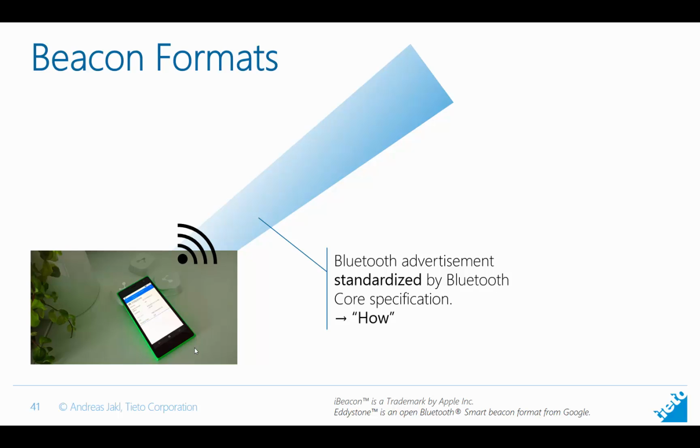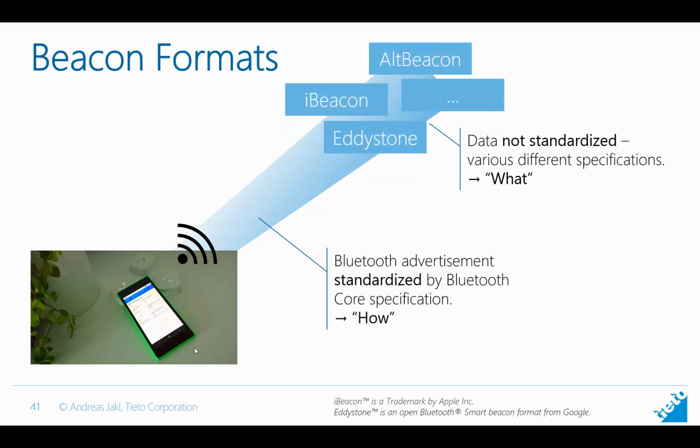Also, the beacons send out a Bluetooth advertisement. And how this advertisement is sent out is actually standardized by the Bluetooth core specifications. So it's how the communication works. But the thing is, what's not standardized, at least not yet, is what is sent out. So the actual usage data is not standardized, which led to various different specifications.